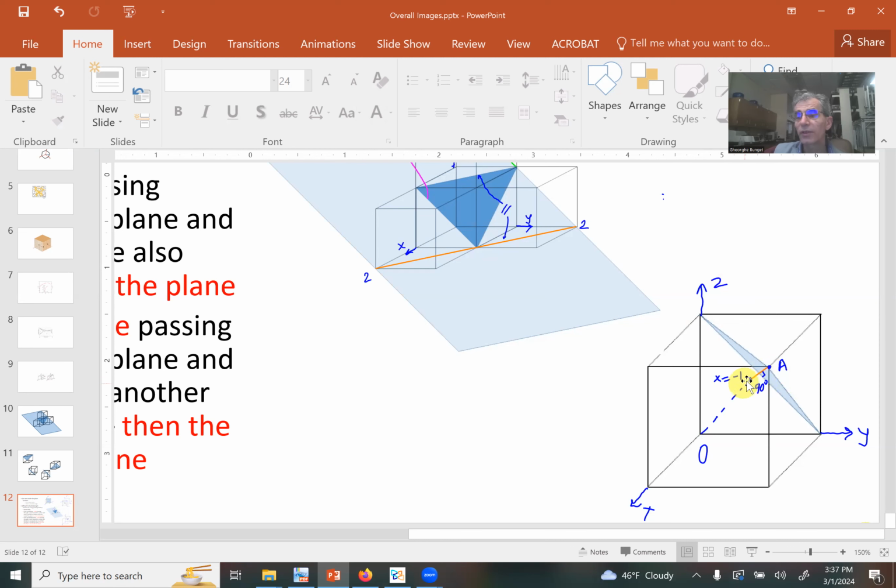So as I go another minus unit, it will intersect the x-axis there. Sometimes it's very hard to see because it doesn't allow me to rotate, but the bottom line is that the red line is in the plane and it intercepts the x-axis at -1.